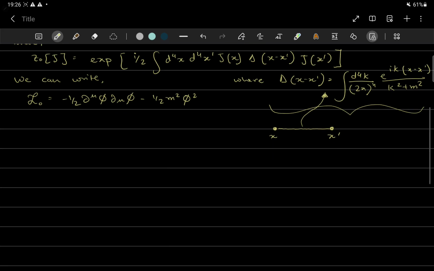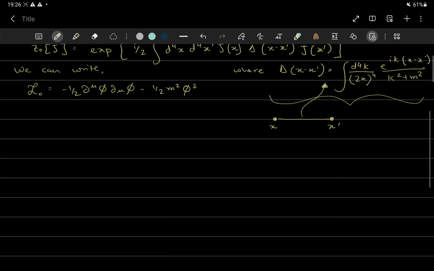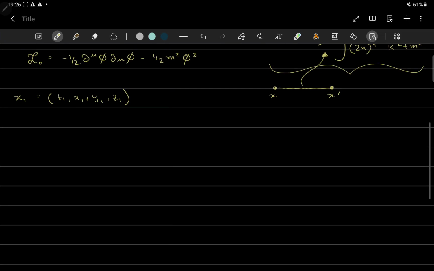So now let's take a situation where we have x1, where x1 is comprised of t1, x1, y1, and z1, which are general coordinates. From here you can compute the correlation function using the generating functional of a free field. You can write it as the following, which acts on the generating functional Z0 at J equals 0.